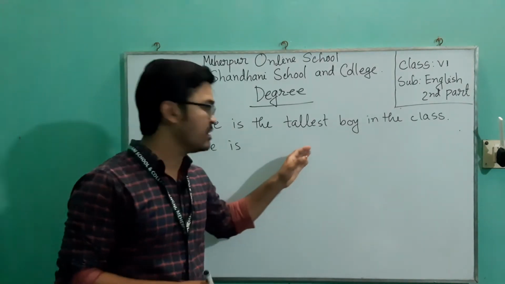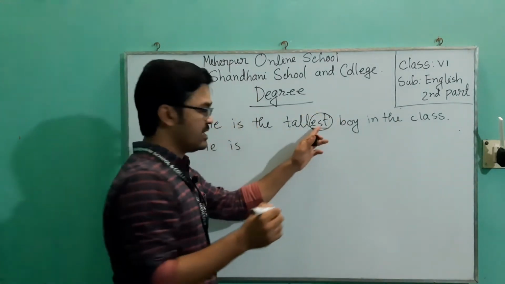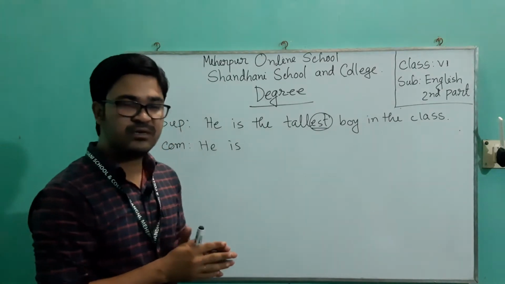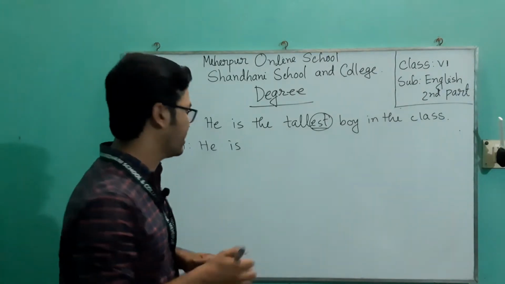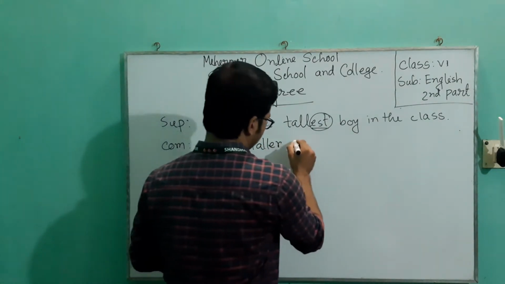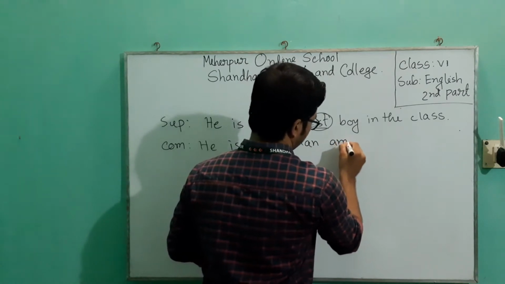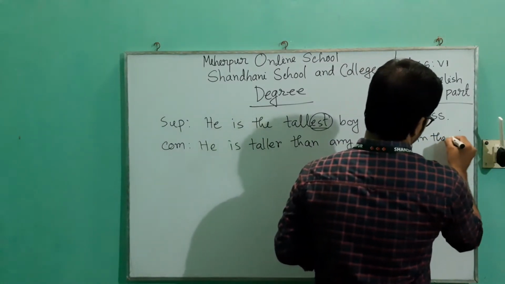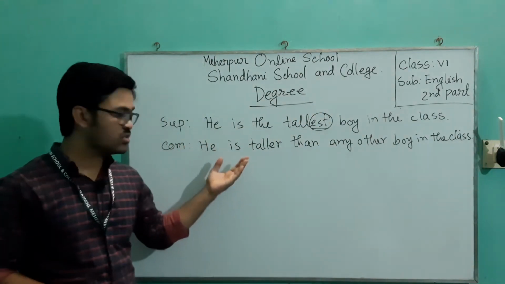Then we will change the superlative form into comparative form. So notice here est. Est means superlative form. So tall is the root word and we have to change it to comparative. So we have to add er. That means taller. And we have to write then any other boy in the class.